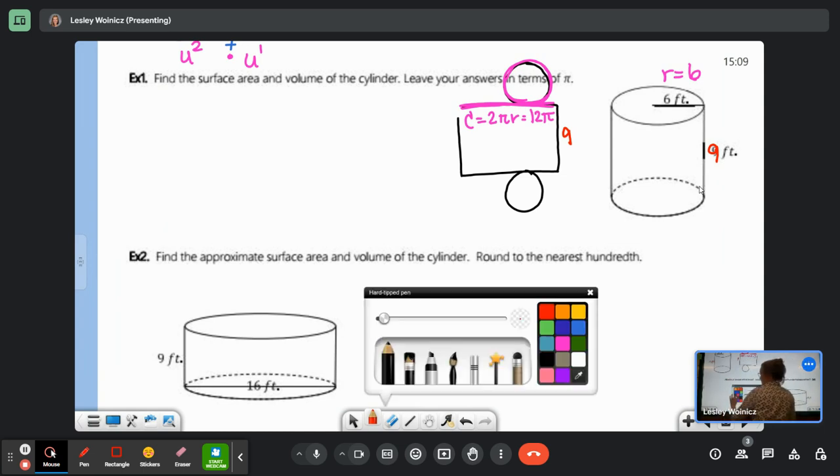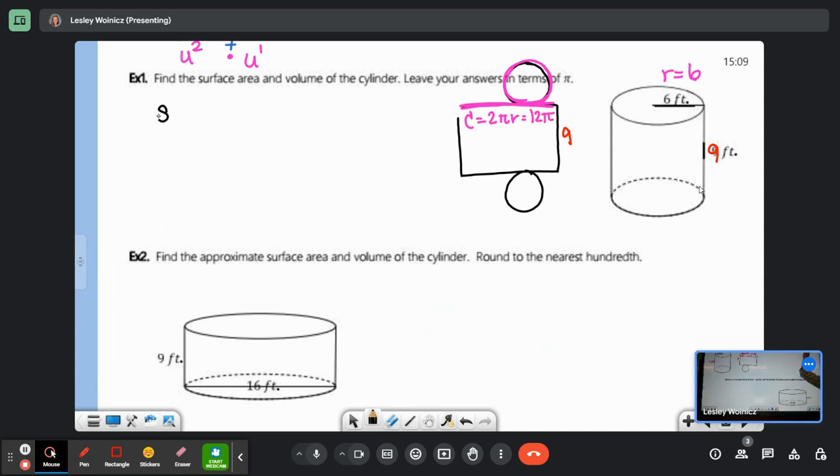Okay, so our surface area is going to be our lateral area plus how many bases? 2 of them. Okay, the lateral area is going to be our circumference, 12 pi times 9.